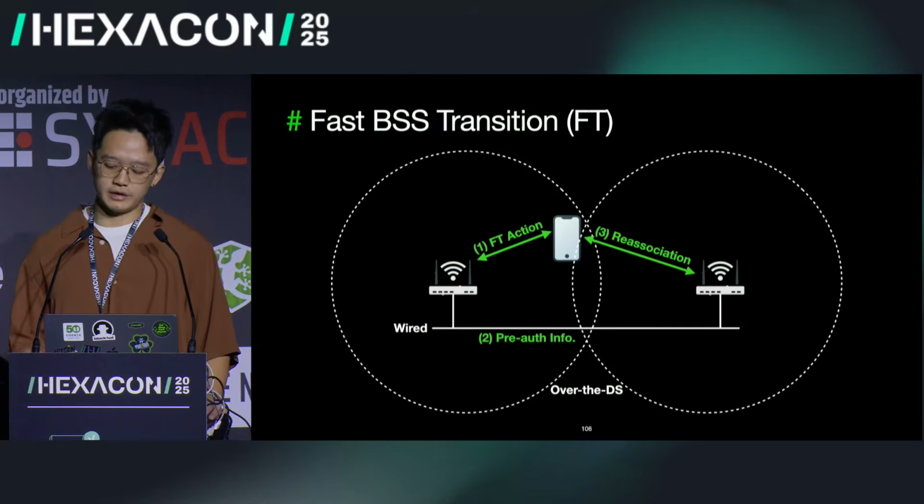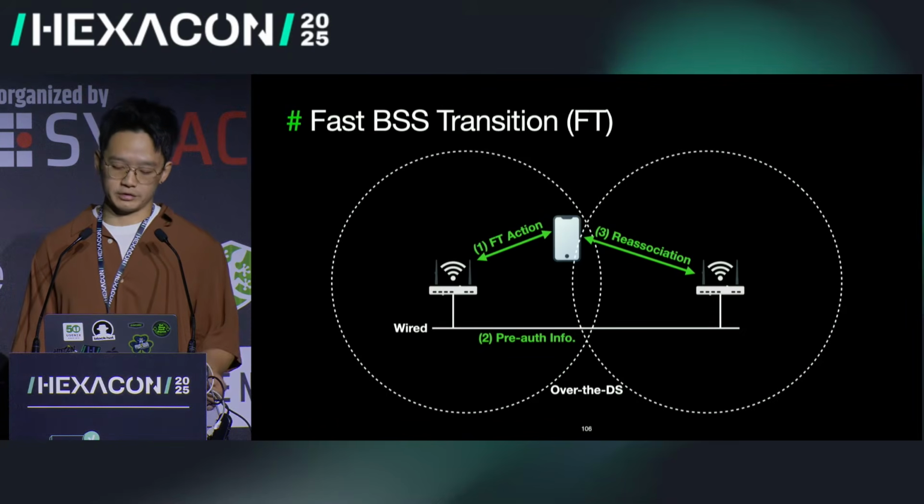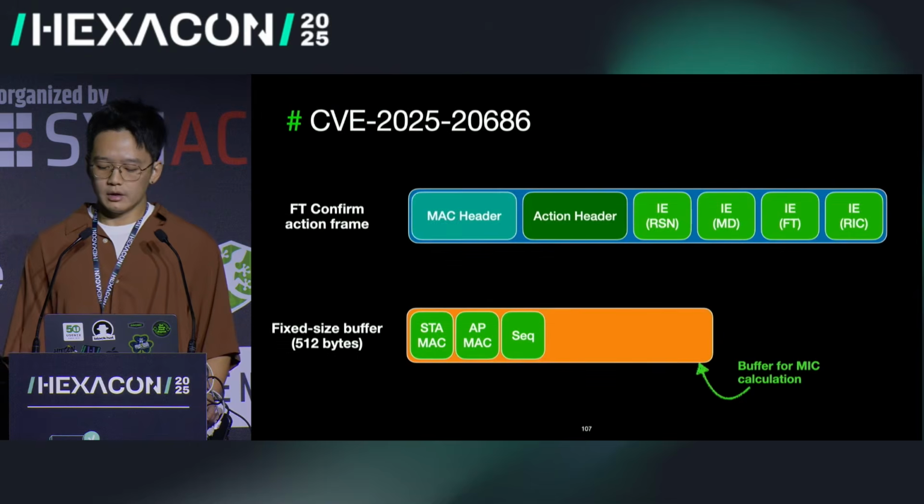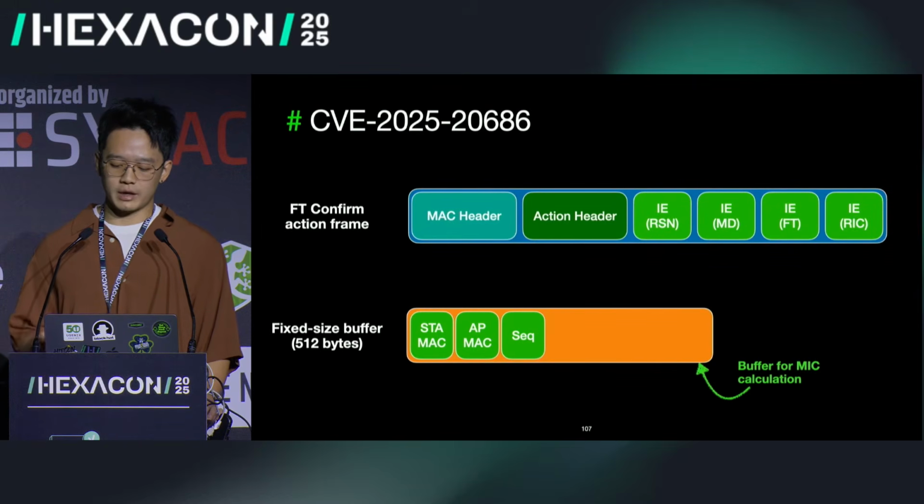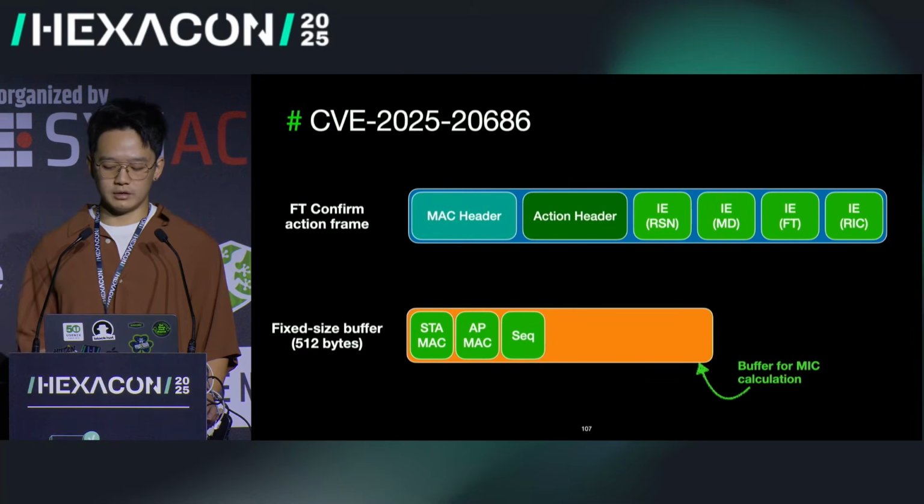During the FT process, FT action frames are used to exchange key and re-authentication information. The FT confirm action frame consists of a MAC header, an action header, and information elements. When the AP receives the frame, it validates certain IEs by MAC calculation.